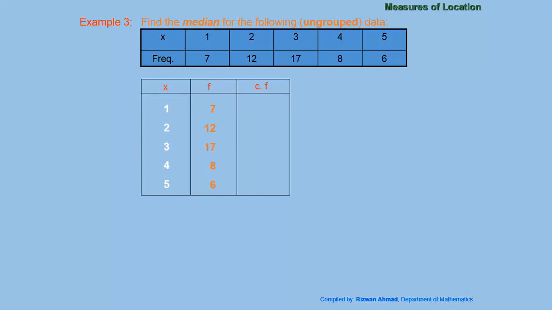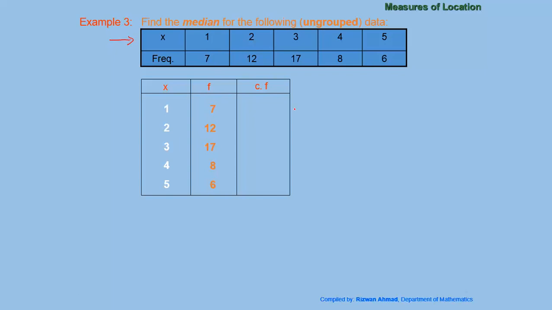Now here one thing is important, that we don't need to make the cumulative frequency curve because this data is also ungrouped data. It is written in groups, but when the class size is 1, not a range like 1 to 5, 6 to 10, not like that, so class size is 1. That's why it is also treated as ungrouped data.